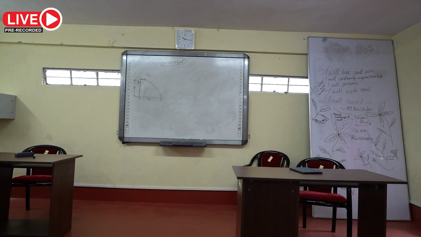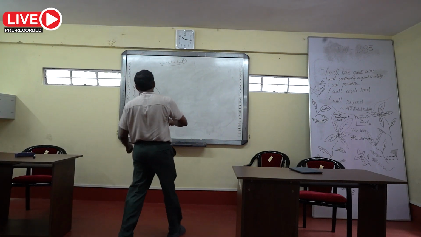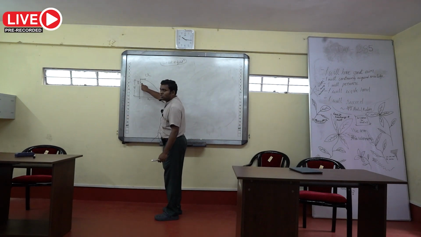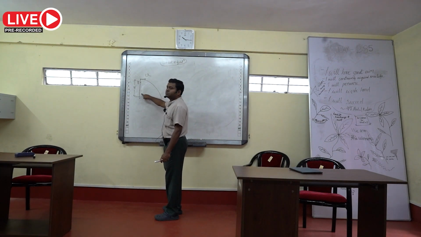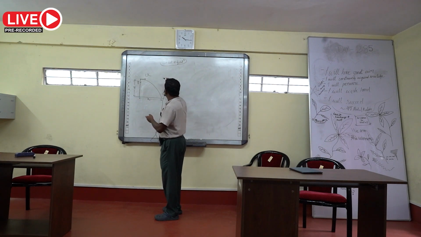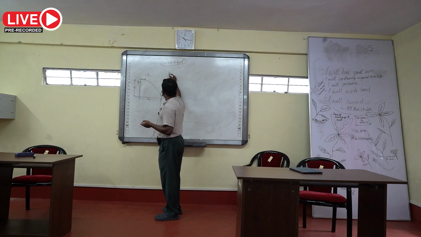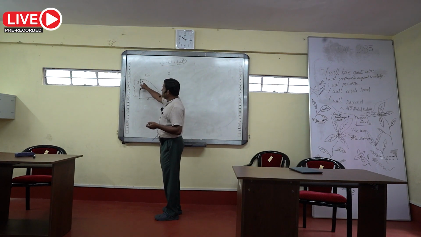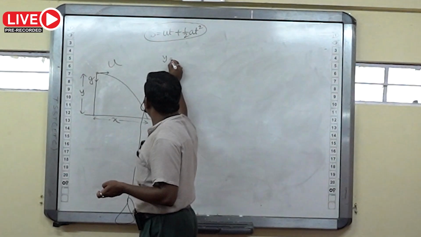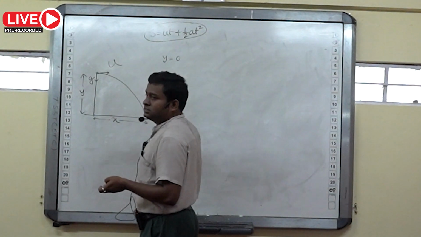So in this case, for s, what we will write? Y is the displacement along vertical direction. So displacement along vertical direction is y. So s is replaced by y. Is there any initial velocity in the downward direction? No. So initial velocity will be 0.